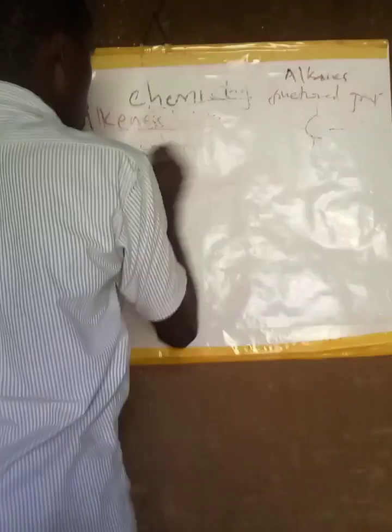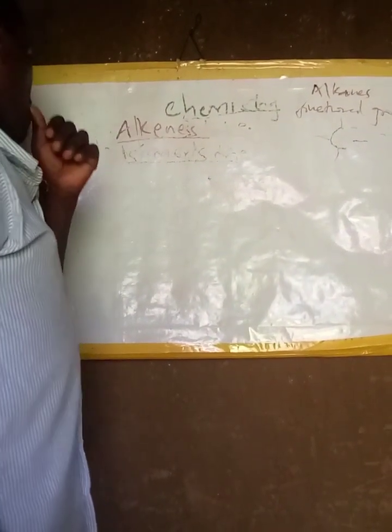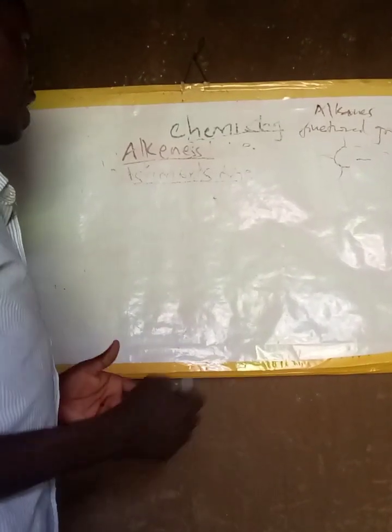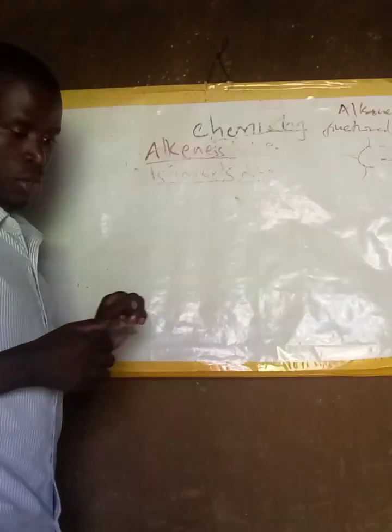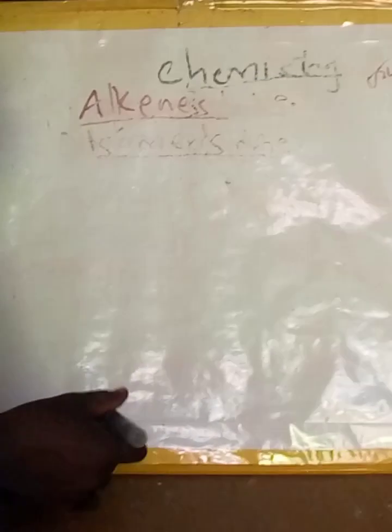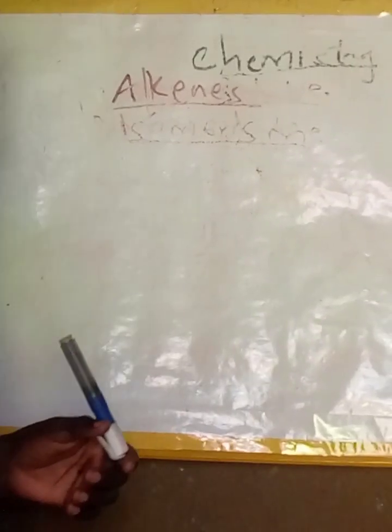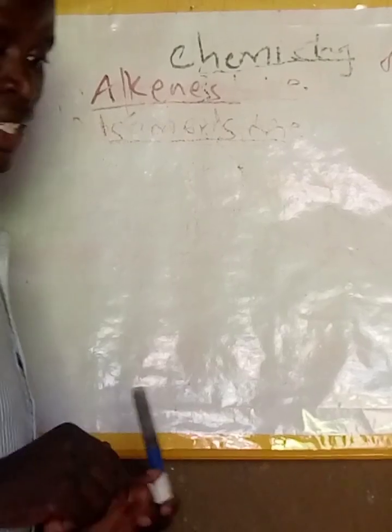Isomerism. So what is an isomer? In our previous lessons, there was a point where we discussed isomers of alkanes. Alkanes have only one type of isomer, and that is the branching isomer.